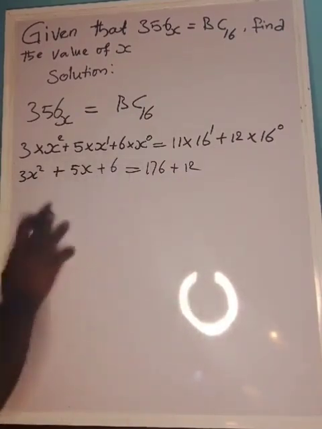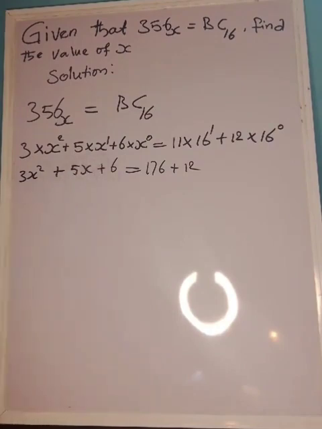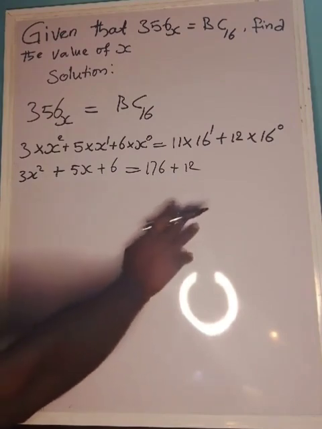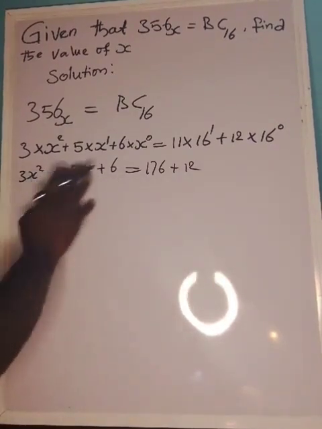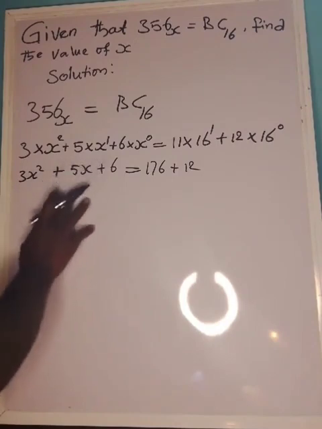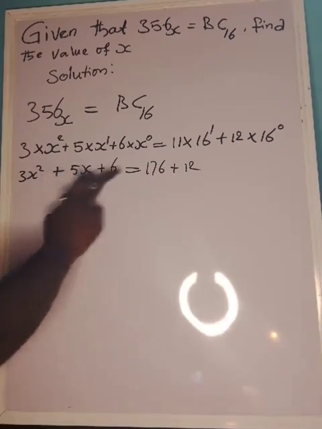Now we are going to collect like terms. Collecting like terms means we separate our terms that are mixed up. We arrange them. The ones that have a variable will be on the same side, and the ones that are not carrying a variable will be on the same side. Look at the terms that carry variable x: 3x squared and 5x are the terms with x.